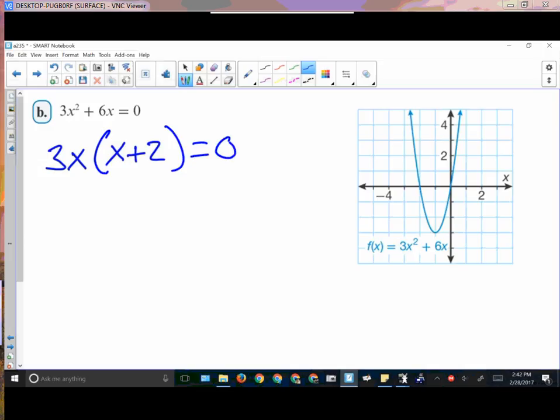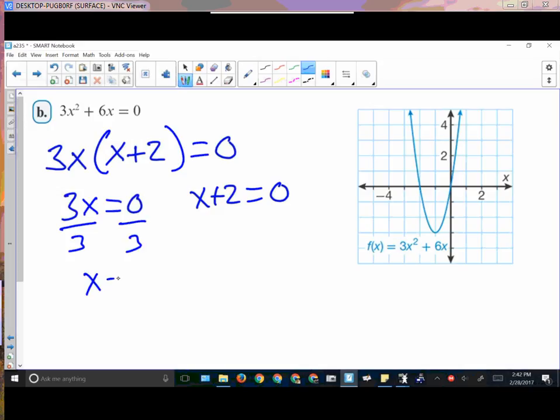We agree with that? Like I said, always double check. 3x times x, 3x squared. 3x times 2, 6x. So that means 3x is equal to 0, or x plus 2 is equal to 0. Divide by 3, divide by 3, x is equal to 0.